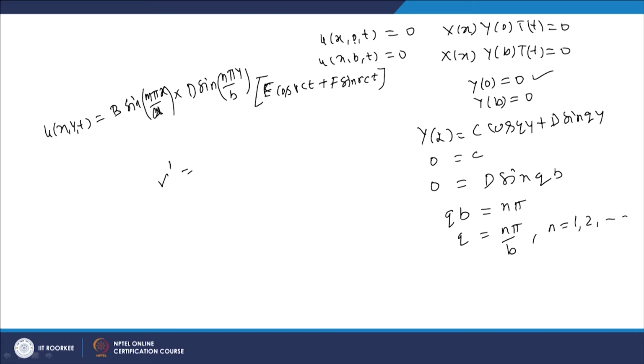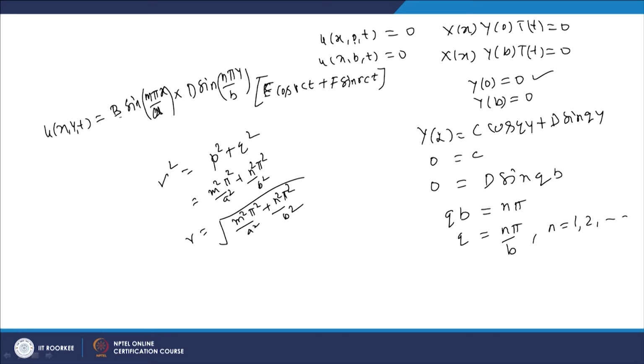Here r squared is equal to p squared plus q squared. Since p squared and q squared we already know, p squared is m squared pi squared by a squared, and q squared is equal to n squared pi squared upon b squared. So the value of r is known to us: r squared is m squared pi squared upon a squared plus n squared pi squared upon b squared.